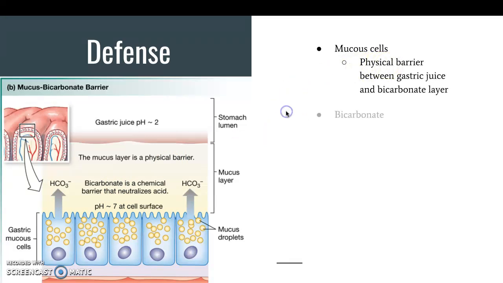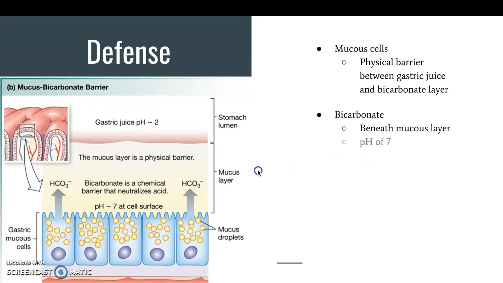Yep, that's about what I just discussed. So looking at the bicarbonate layer, it's a neutralizing barrier. It's a buffer barrier that protects the wall from the very acidic environment. As you can see over here, the pH of gastric juice is 2, while at the cell surface, it's about 7.